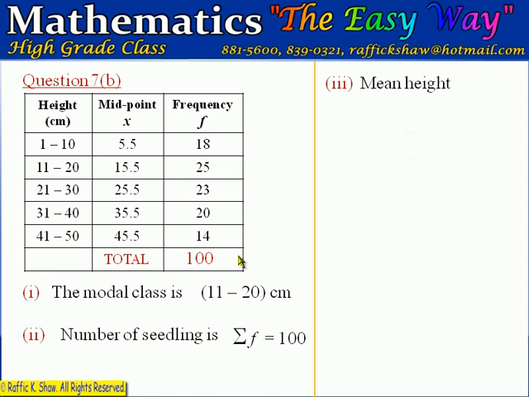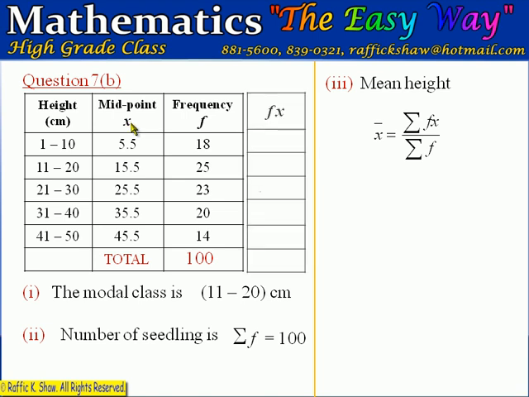And so the formula for the mean would be the sum of the frequency times the x, the midpoint value, divided by the number of terms, the number of seedlings, which is the sum of the frequency. So we see we need a column where we can calculate our frequency multiplied by x, which is our midpoint values. Right? So we need that column. So you put that column in, and then we do the calculations for each group.